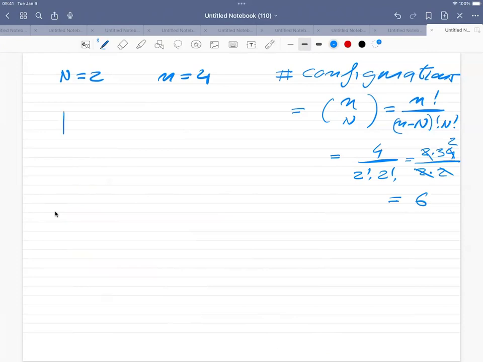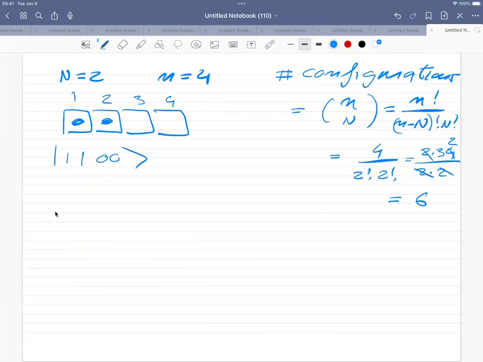And if you set up these slots as boxes 1, 2, 3, 4, one possible state is this one. And you would then have a word which would be 1, 1, 0, 0. That's the way you would write it out. Another arrangement of these 6 possibilities is this one.